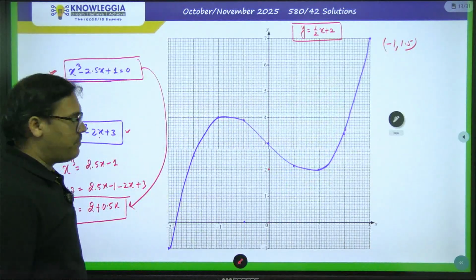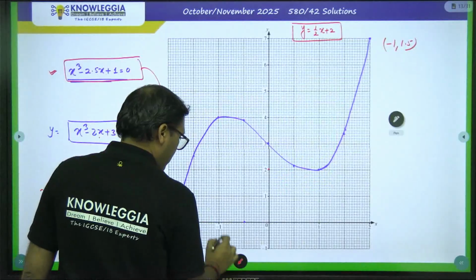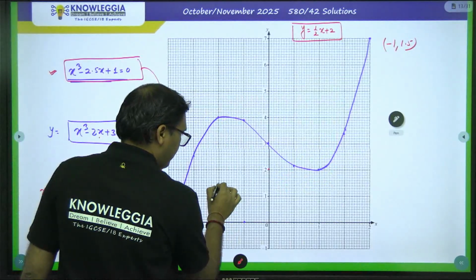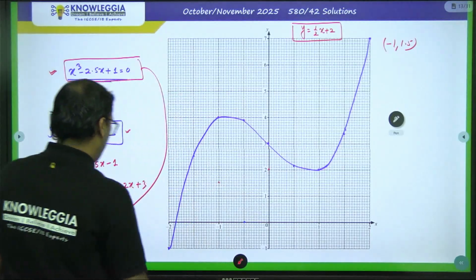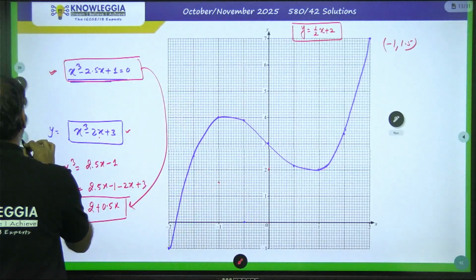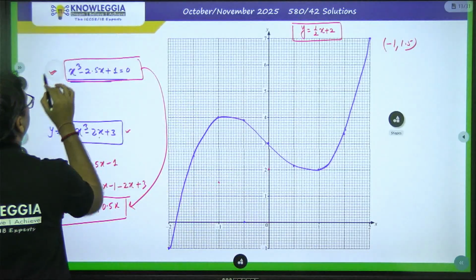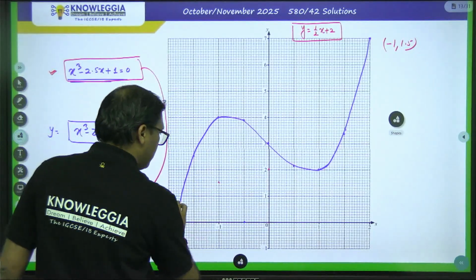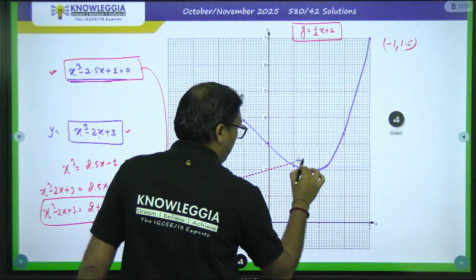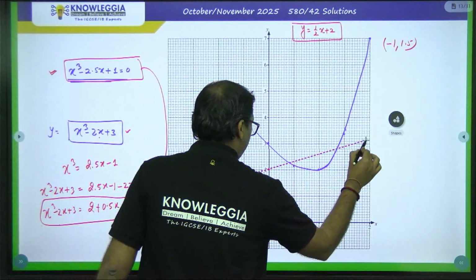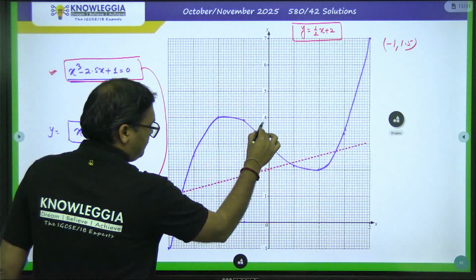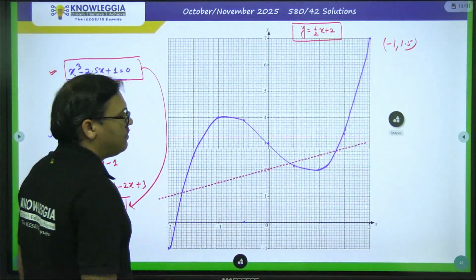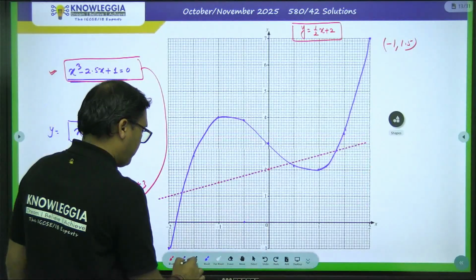So minus 1 comma 1.5 will be here. Good. So if I join this line, it will be something like this. This is the line y is equal to half x plus 2.